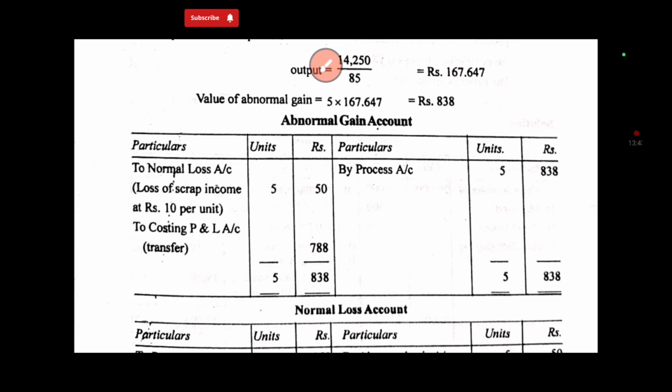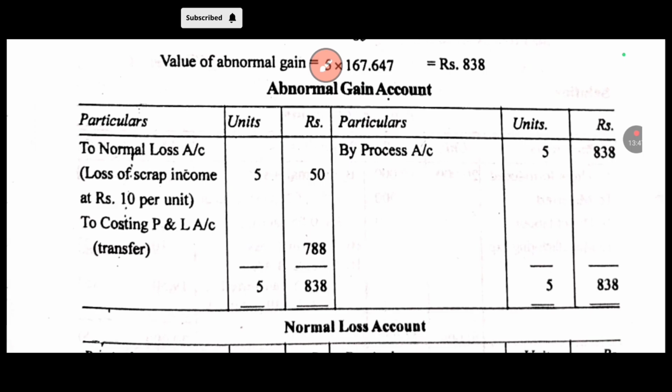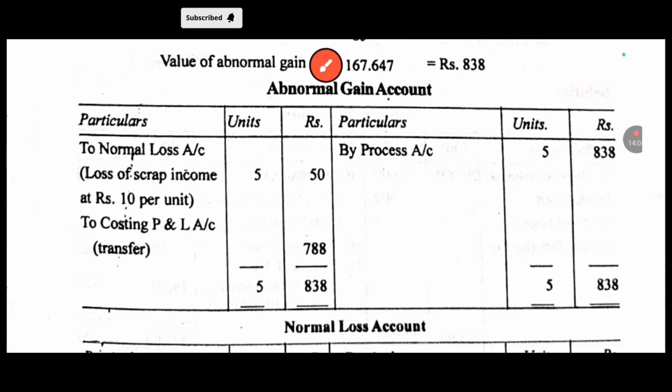Even though normal loss happened, right? So how much normal loss happened? Even though normal loss happened, for that 5 units is calculated with the scrap value of 10 rupees. You will get 50 rupees. Now it is to be balanced.